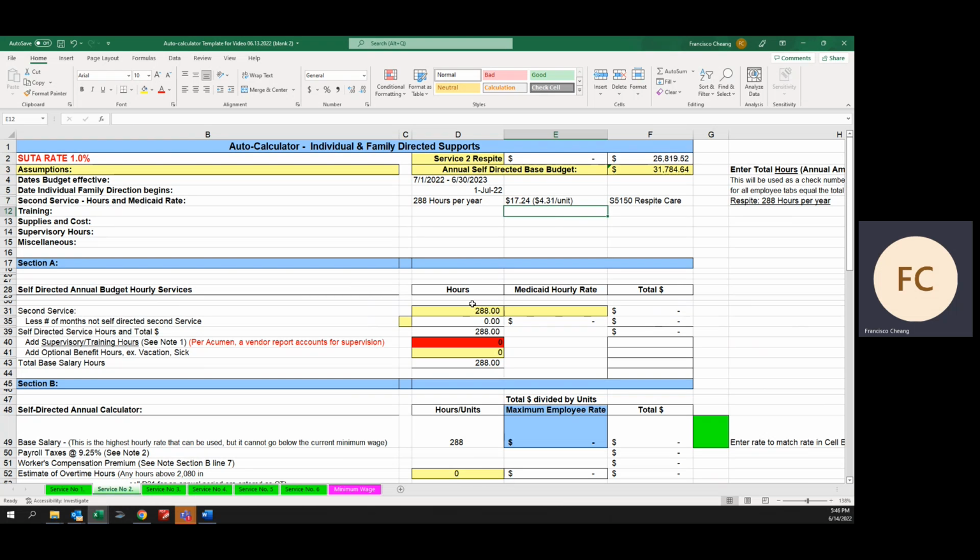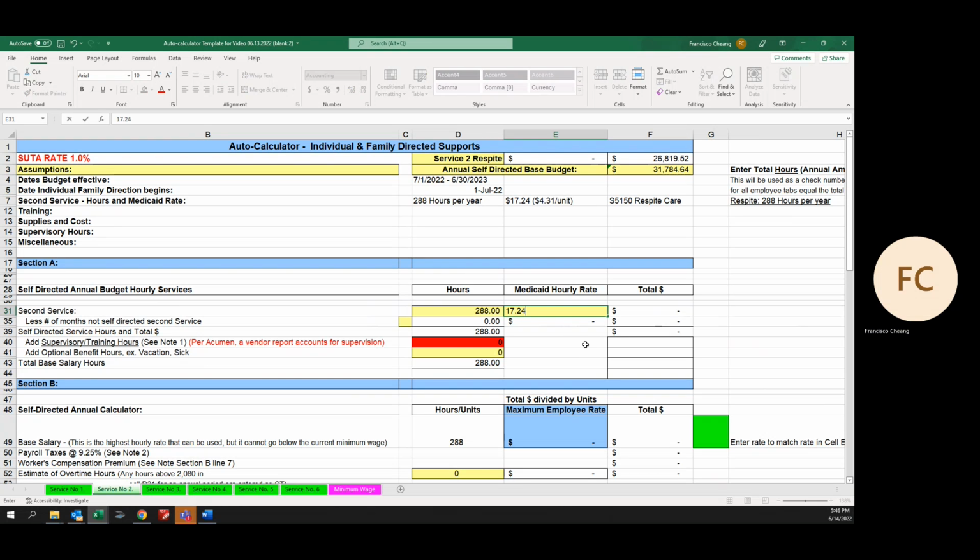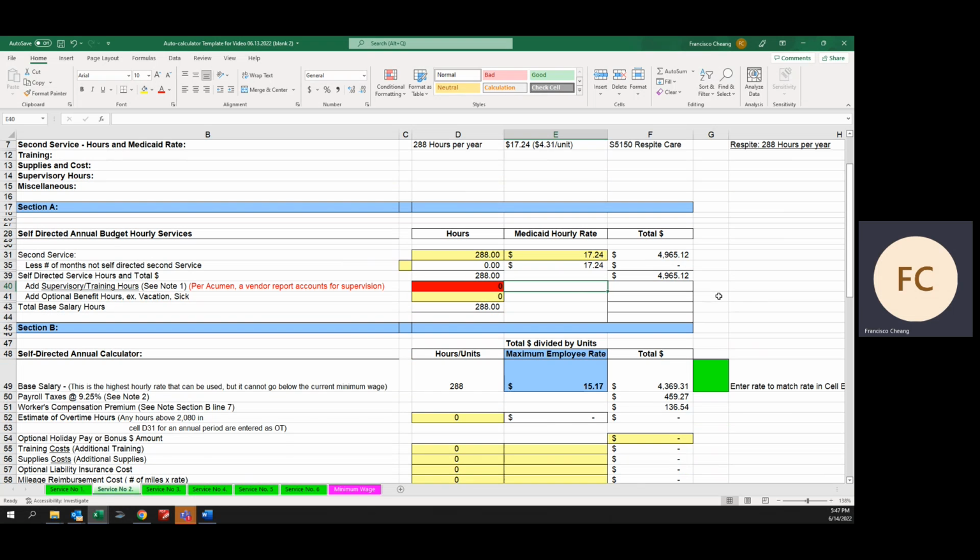So now that we have entered the 288 hours per year here, we can go ahead and bill Medicaid $17.24 per hour, and that's going to give us our service ceiling. So now that we're working with our piggy bank here, where this is what we're bringing in, now we can start planning on what we're going to be paying out of here.